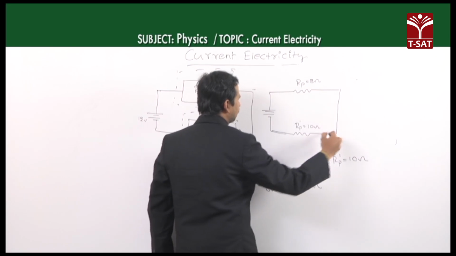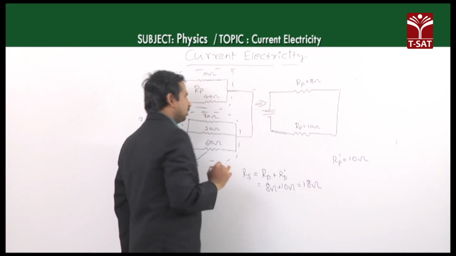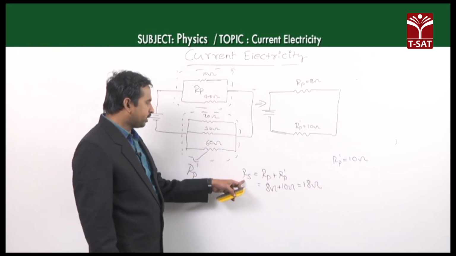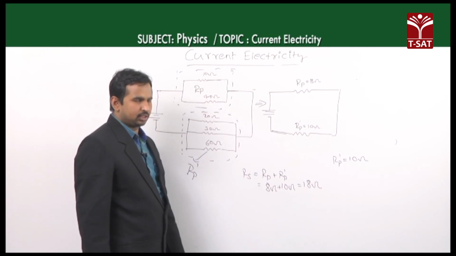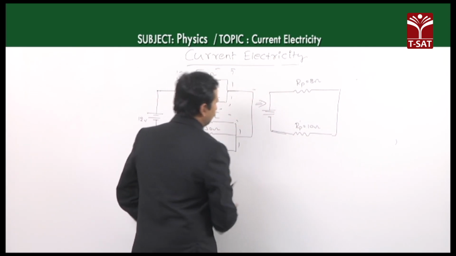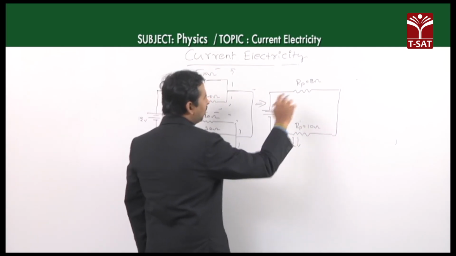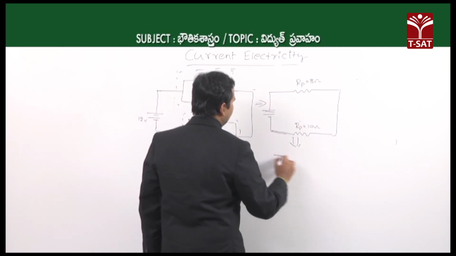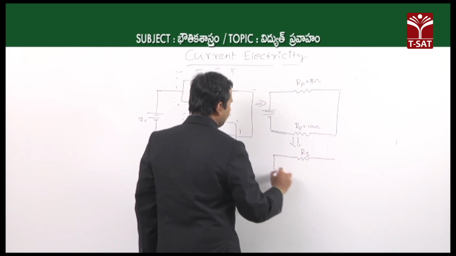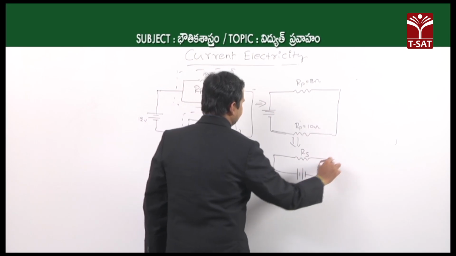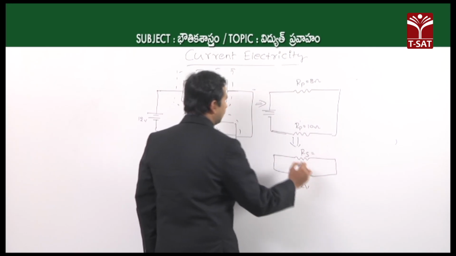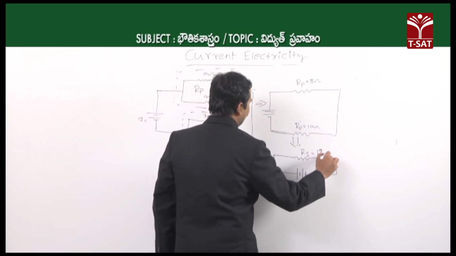Now this connection is changed like this. And again, for the second case, Rs is equal to Rp plus Rp dash, the circuit again changes to taking all as one resistance, Rs, and only the battery is connected, which is 12 volts, and here we got Rs, 10 plus 8, 18 ohms.